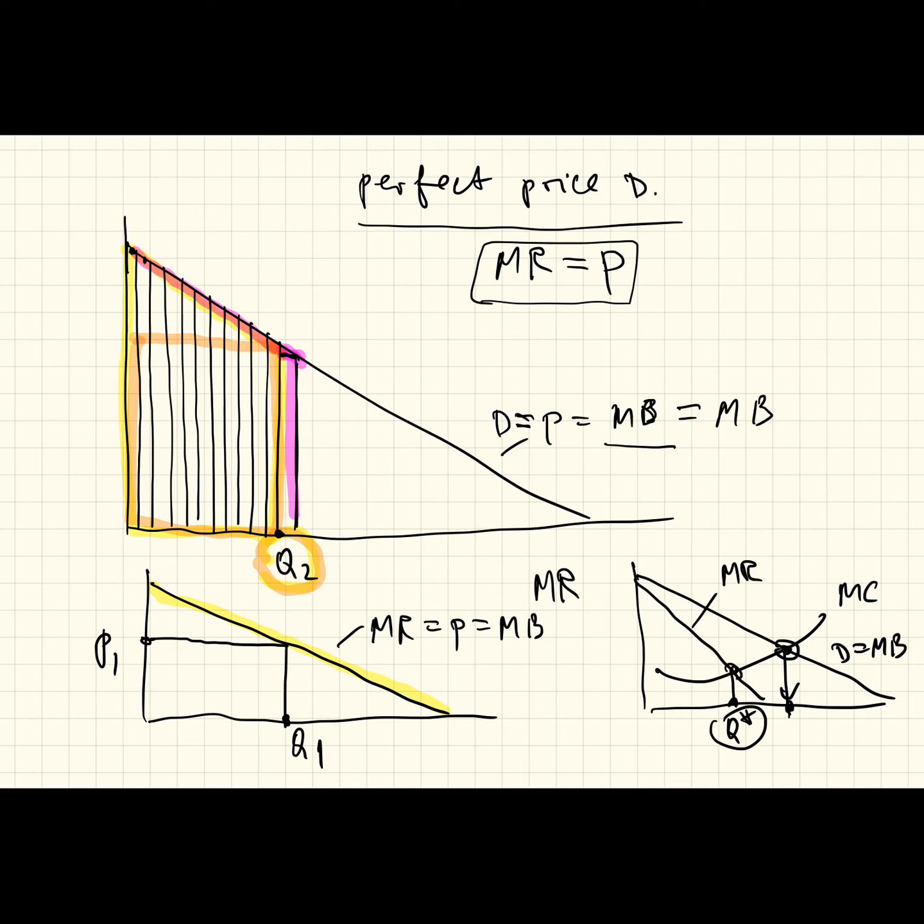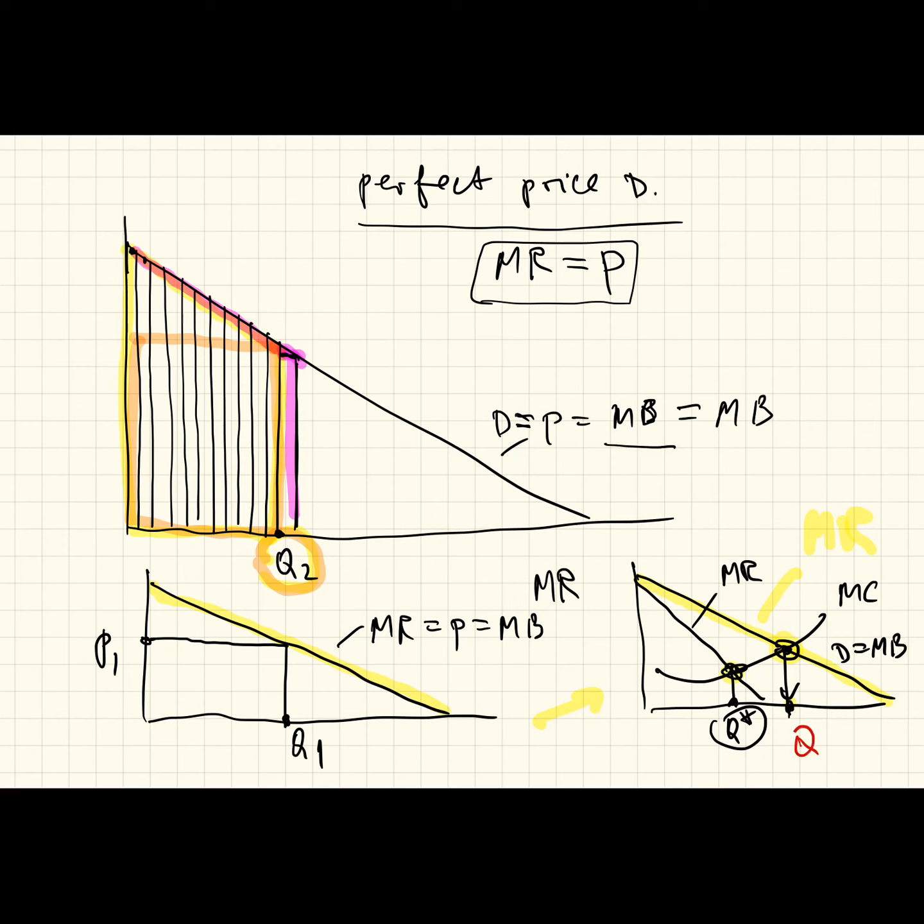So instead of stopping here, if we look at this diagram, the monopoly will follow this curve, because now this is where its marginal revenue is, and it will just go all the way here, and it will stop here, maximizing its profit, and it also will happen to be the point of allocative efficiency.